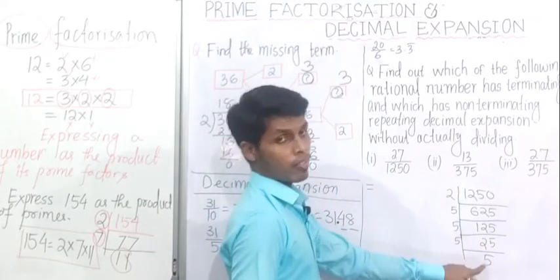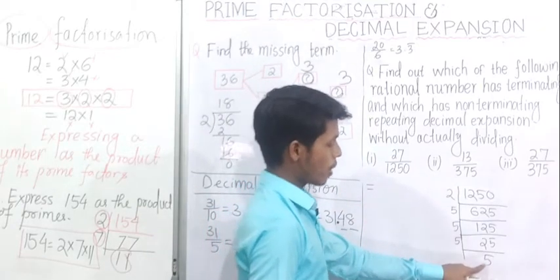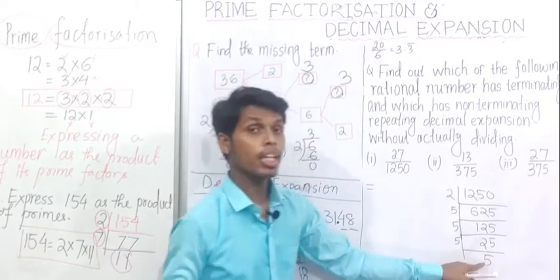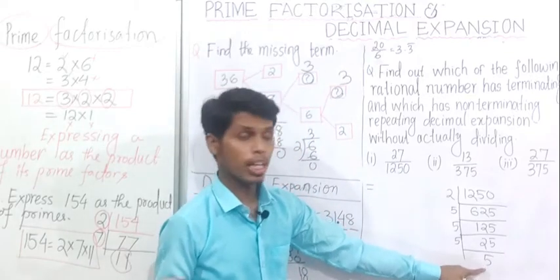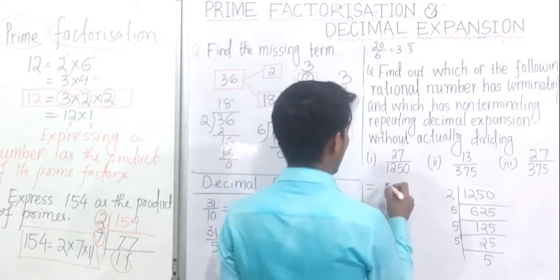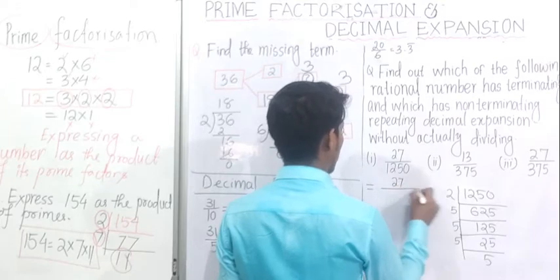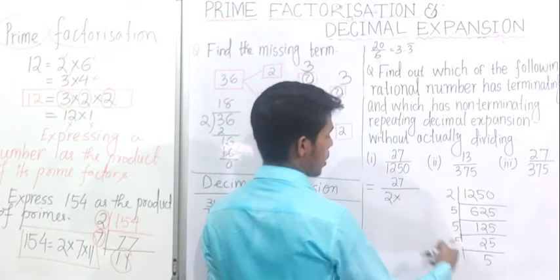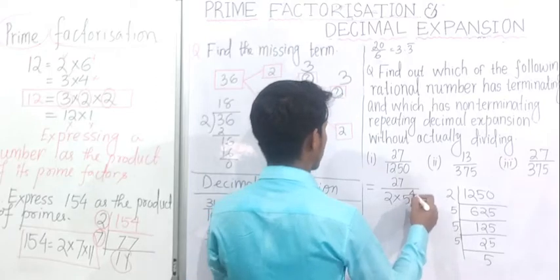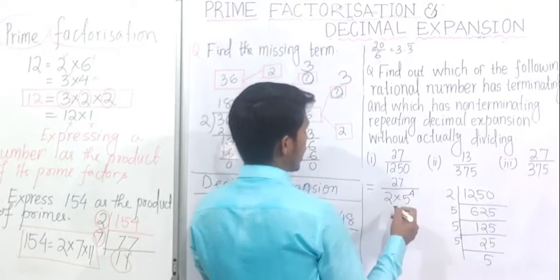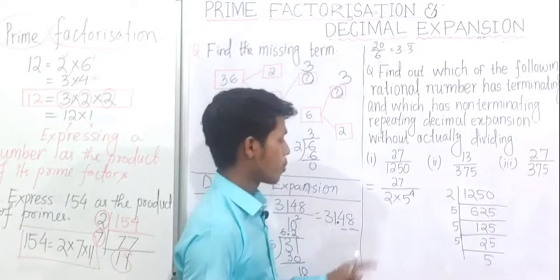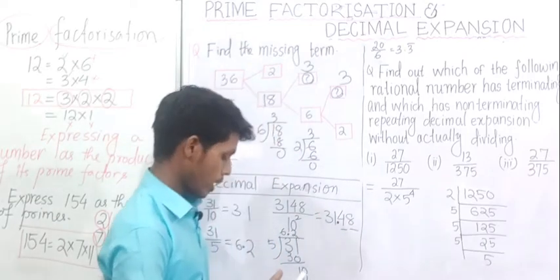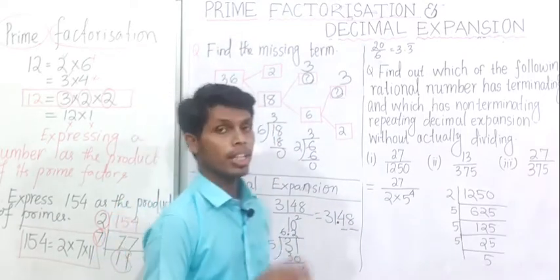Now we got 5 as the last number, which is a prime number. It cannot be divided by any other number exactly. So now we can replace this 1250 as 2 multiplied by 5 to the 4th power. As 5 is multiplied 4 times, we can write 2 times 5 to the 4th power. Okay, now the first step is complete.